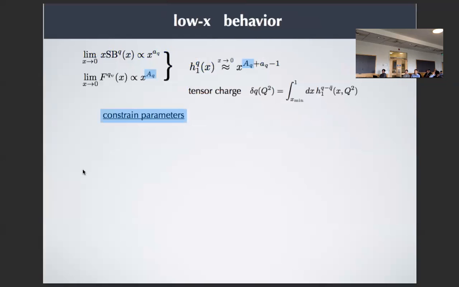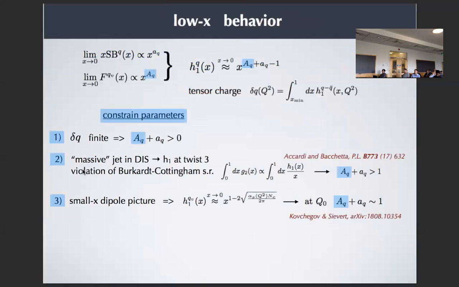So this goes like a power of x to this small a, which is a calculable parameter. And therefore, at the end of the day, the low x behavior of transversity is just a power law that involves both parameters, the free parameter and the calculable one. And this is crucial in order to compute our tensor charge, because, for example, if you want to have a finite tensor charge, this combination must be strictly positive, otherwise everything is going to diverge.